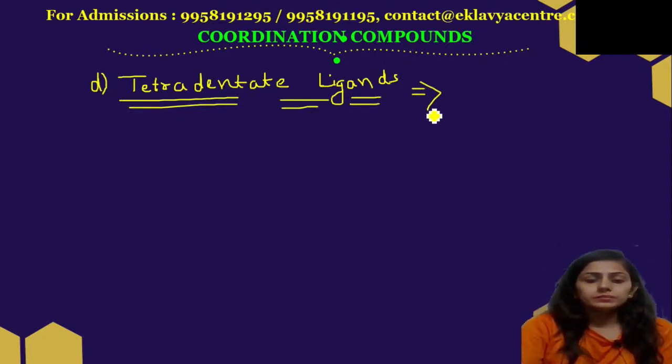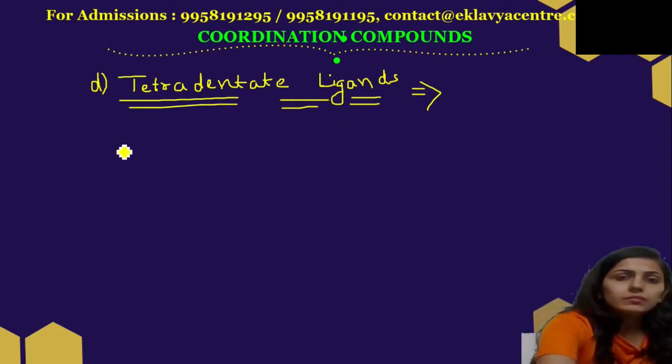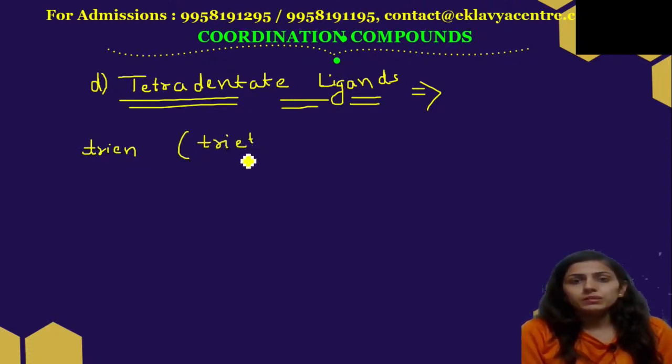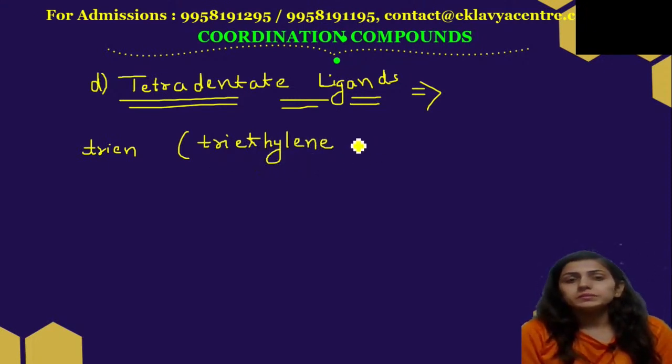We have trien. Trien is triethylene tetraamine, triethylene tetramine.